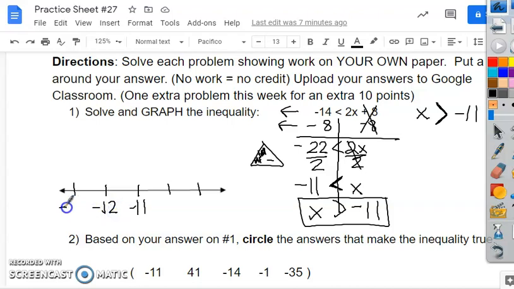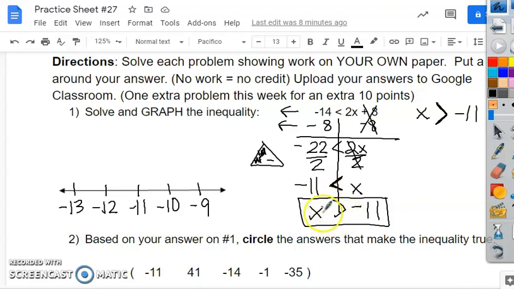Now I'm sorry if it seems like I'm going slow, it's because I have to keep lifting my pen after everything I do. Okay, because this way we're getting closer to 0. Negative 8, negative 7, negative 6, negative 5, negative 4, negative 3, negative 2, negative 1, 0, 1, 2, 3, 4, 5. So this way we're getting more positive.